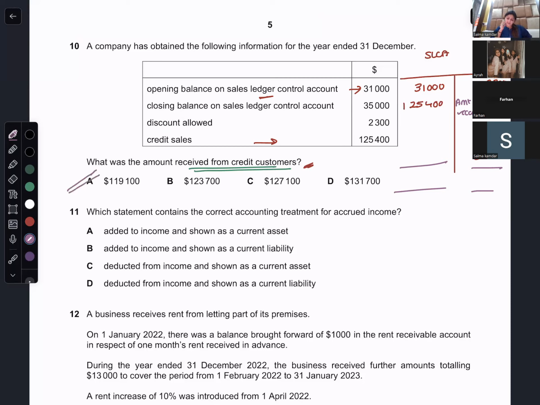What is the debit total? 31,000 plus 125,... it's 156,400. So the amount is 119,100. From 156,400, if you minus them, that's it. Sorry, I made a mistake. All right, now I got it.